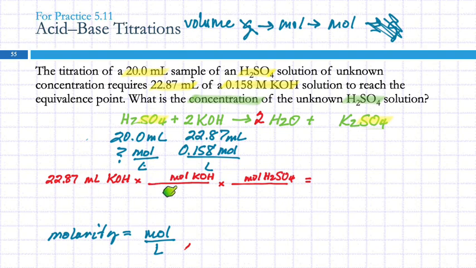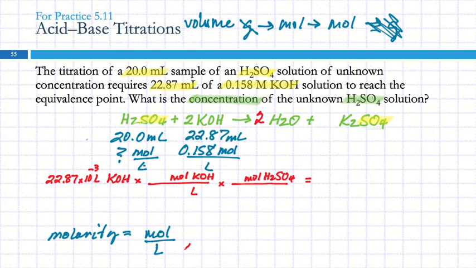Well, normally we would have liters down here, right? Because that's the molarity is moles per liter. But this is milliliter. So we can pull that little trick again and say, well, milli stands for times 10 to the minus 3. So I'm going to write that instead of milli, and then I don't really have to convert.